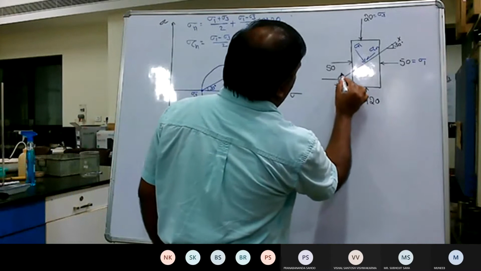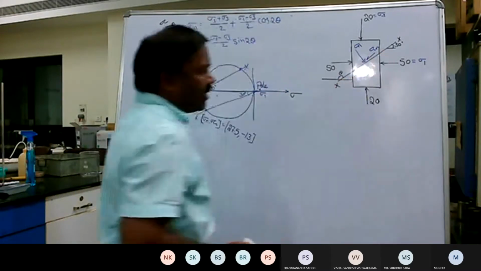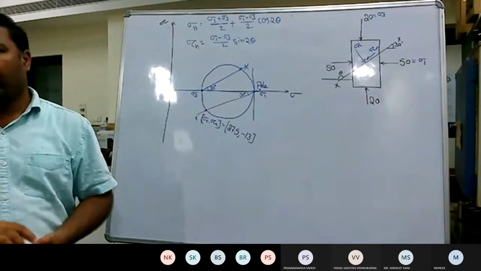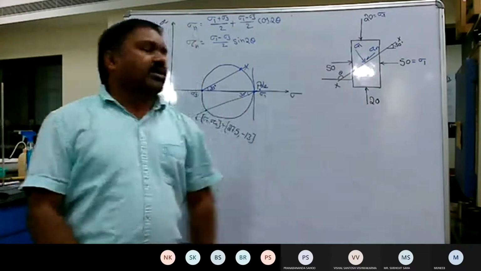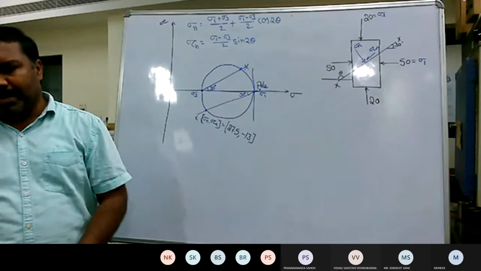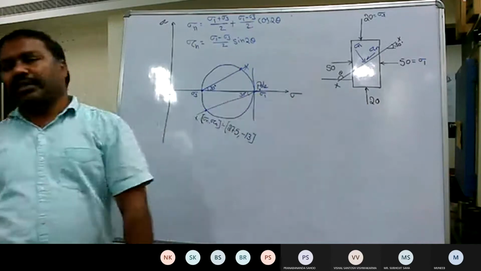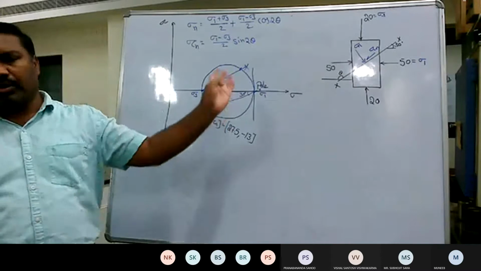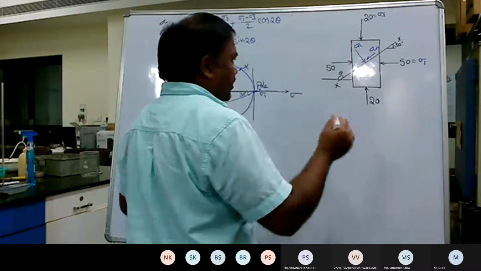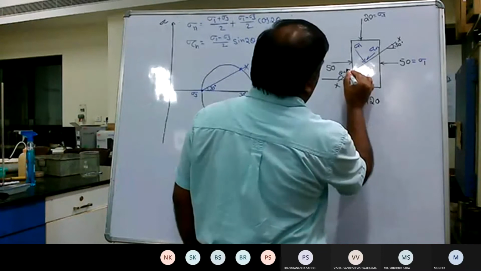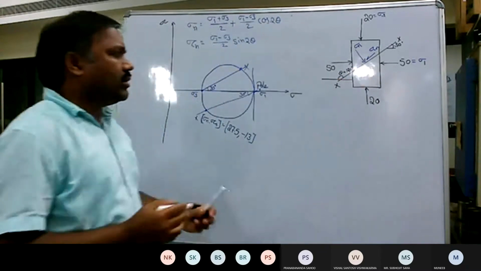So this angle you have to take as theta, not 30. Whenever you find the major principal stress in the horizontal or lateral direction, you have to take theta in the anti-clockwise direction. Your theta will become 120 instead of 30.